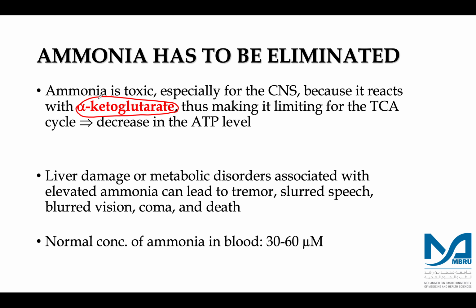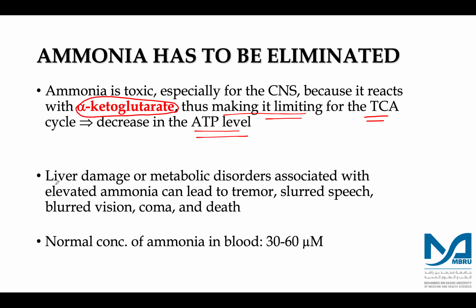So if ammonia reacts with alpha ketoglutarate, very simply this metabolite is used up and the TCA cycle cannot continue, making it a limiting factor for the TCA cycle. Since the TCA cycle does not continue after alpha ketoglutarate, ATP levels go down, and that leads to toxicity. And as I told you, the organ that exhibits detrimental effects of ammonia toxicity is the brain.